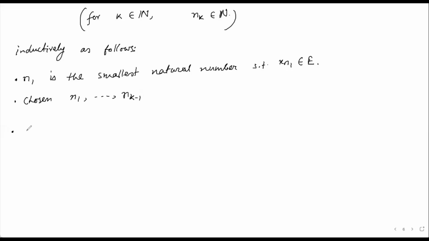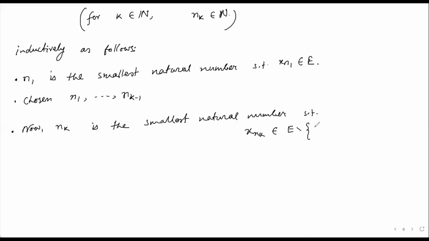Now we choose nk. nk is the smallest natural number such that x_{nk} belongs to E minus {x_{n1}, ..., x_{n(k-1)}}.